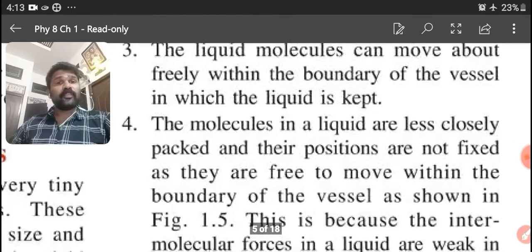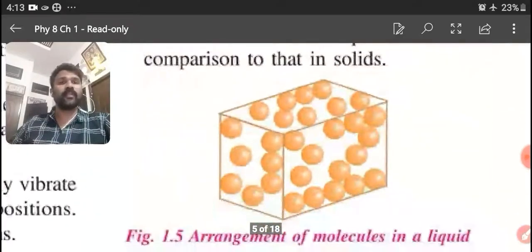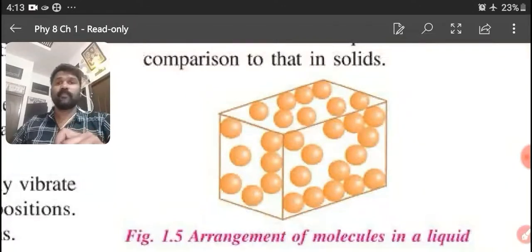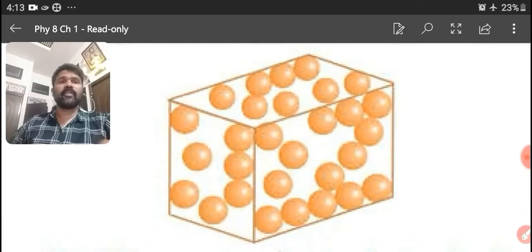Fourth point, the molecules in a liquid are less closely packed and their positions are not fixed, as they are free to move within the boundary of the vessel, as shown in figure 1.5. In figure 1.5 you can see the molecular arrangement of liquids.